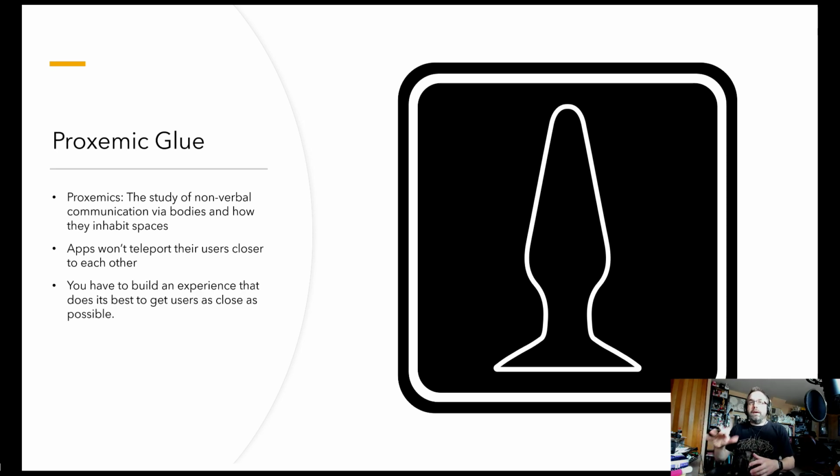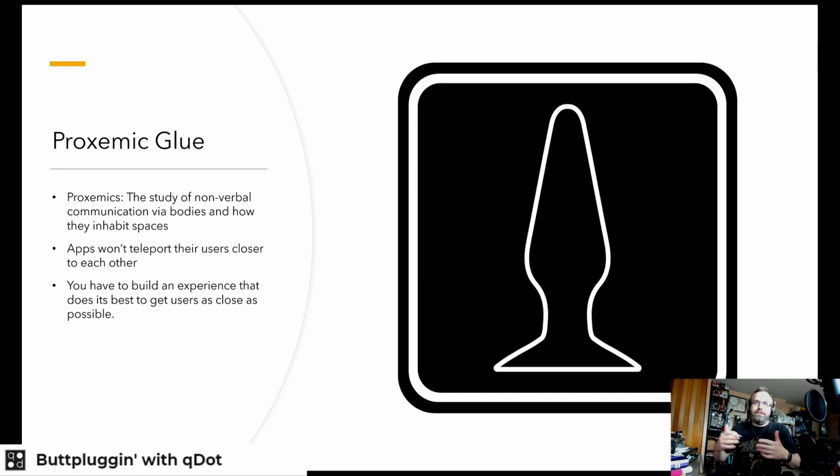You have to build the best experience you can to get their brain chemistry going, to possibly augment senses via audio, video, haptics. We don't really have much in terms of olfactory and taste yet, and the technologies we do have for taste and smell on computers are not good right now. So you kind of have to use what you can there.